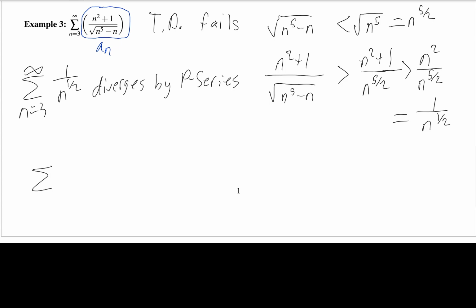So that tells me that the sum from n equals 3 to infinity, I'm just going to write a sub n, right? That's that sequence given, is going to diverge by the comparison theorem.